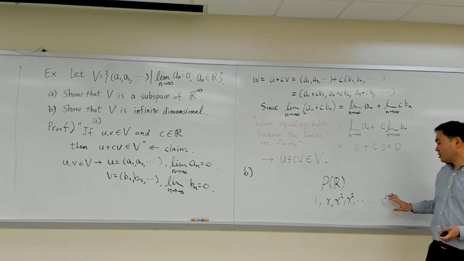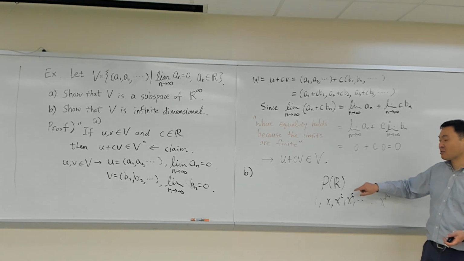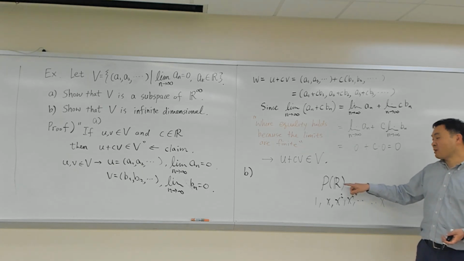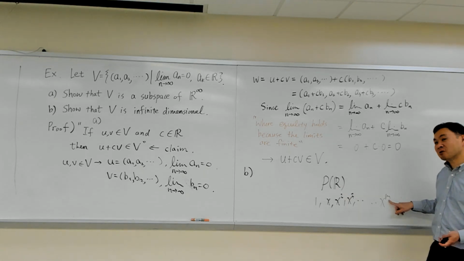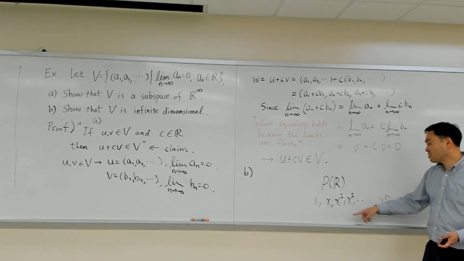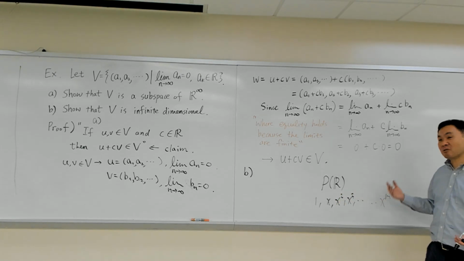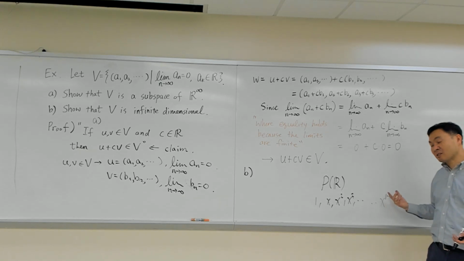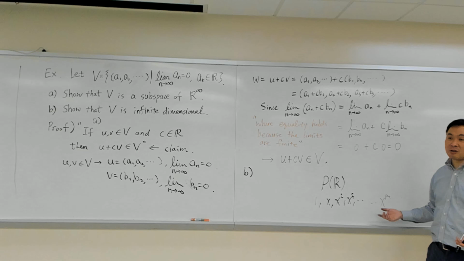So no matter what length you say, let's say there's a list of 1 million vectors that will span this, then you just have to choose 1,000,001 linearly independent vectors, and this violates the proof that we had, that the length of a linearly independent list has to be less than or equal to that of a spanning list. So there's a contradiction.